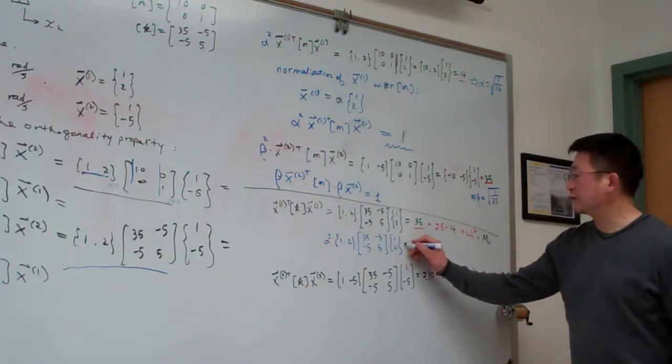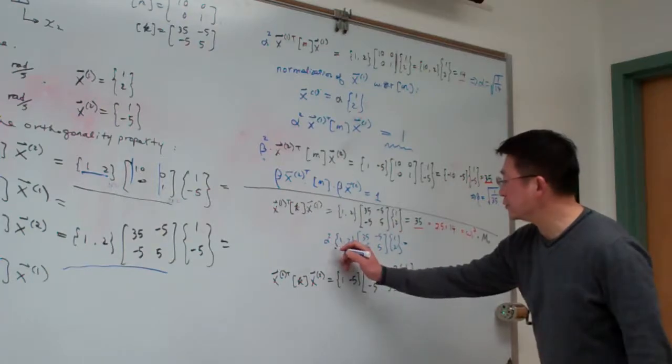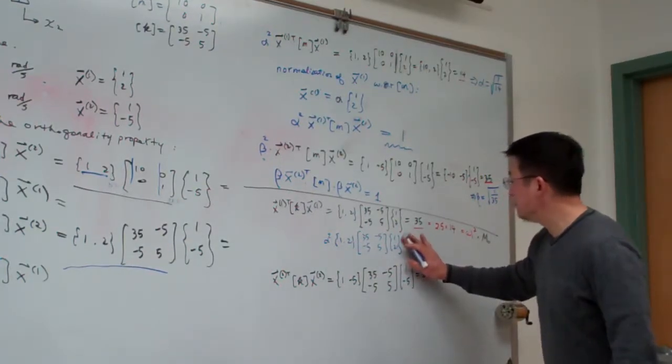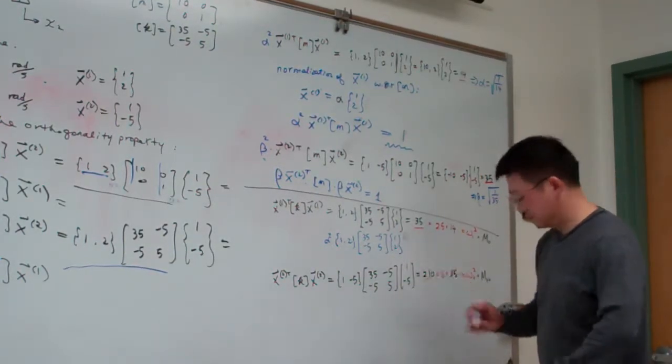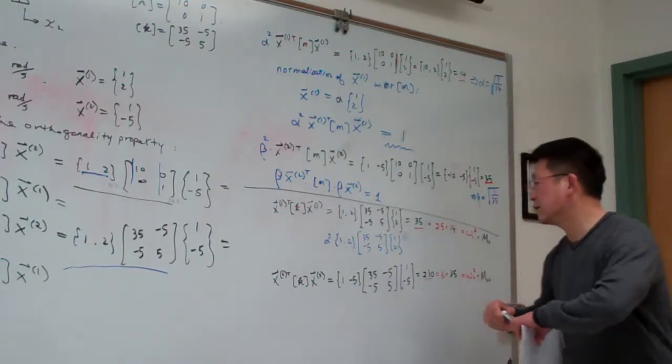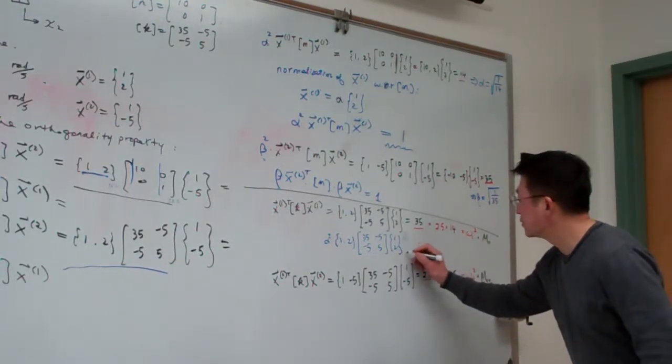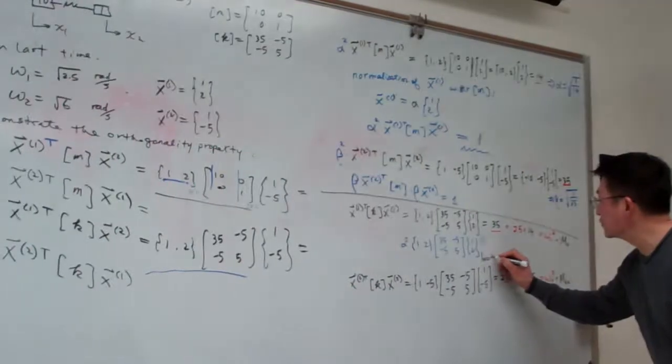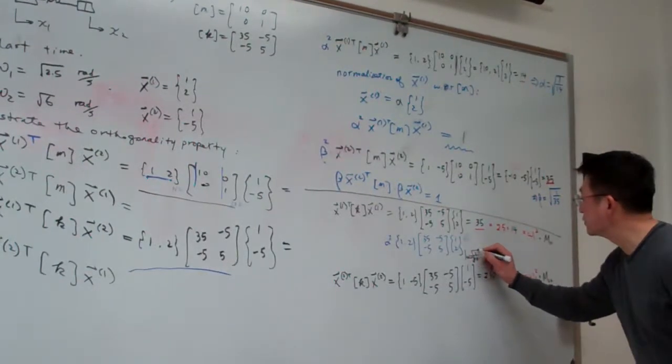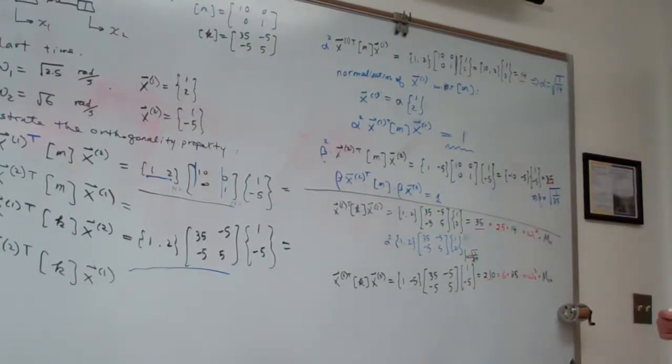So this is the normalized vector, where alpha equals 1 over square root of 14. Okay, so that's the number here.